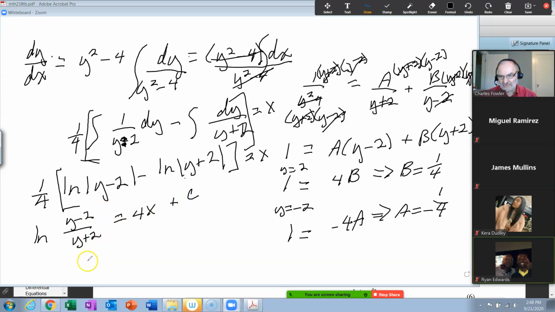We're going to take the e of both sides, and this just gives us y minus 2 over y plus 2 is equal to e to the this thing, which is the same as some other c, e to the 4x, because e to a sum is the product of e to the c times e to the 4x. E to the c is just some constant. So that's a different c from that one, but just some constant. Okay? And then the last thing, well, I don't know if it's the last thing we're going to do.